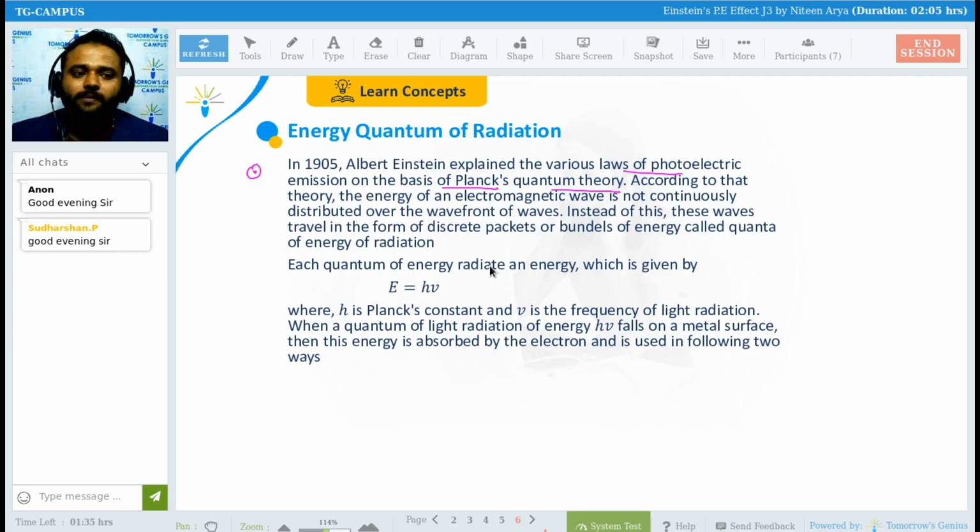Classical mechanics takes every object as a particle, whereas quantum theory takes every aspect, even the objects, as having a wave nature. So that is Planck's quantum theory.